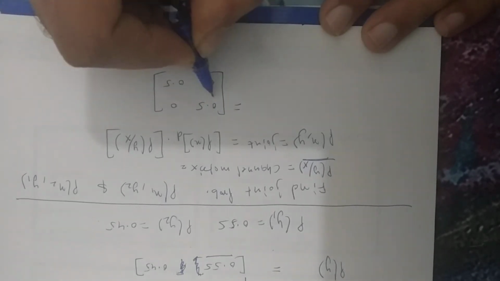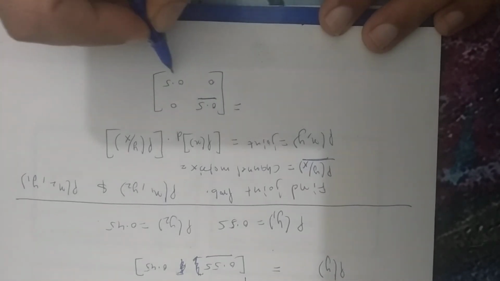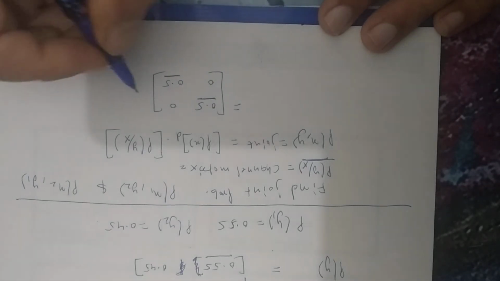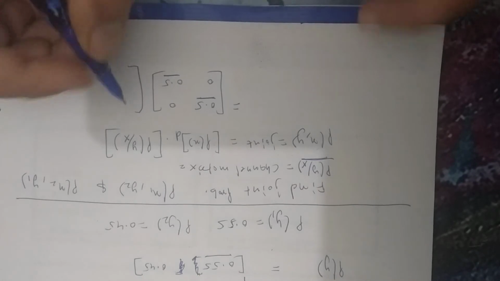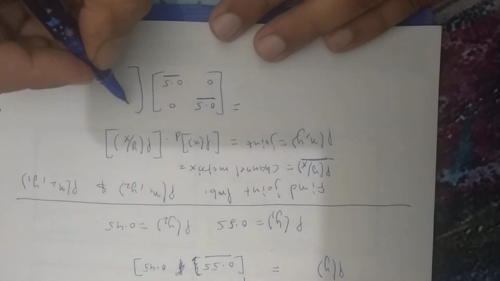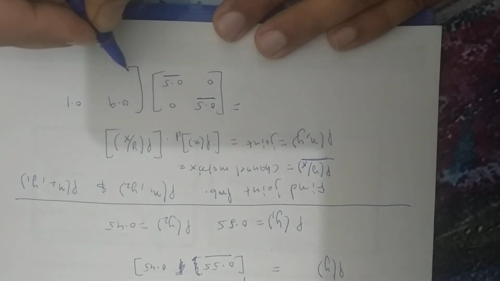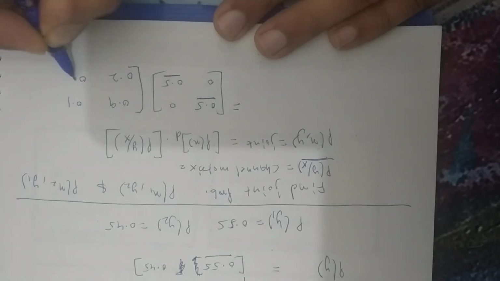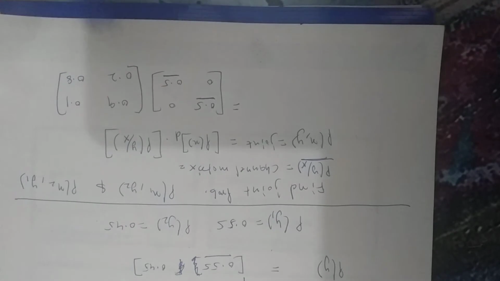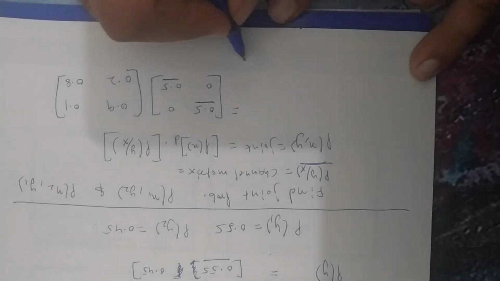This is the input probability of x1 and the probability of x2, written in diagonal form. Then we are going to multiply this with the channel matrix, that is 0.9, 0.1, 0.2, 0.8. So now let's do this multiplication here only.